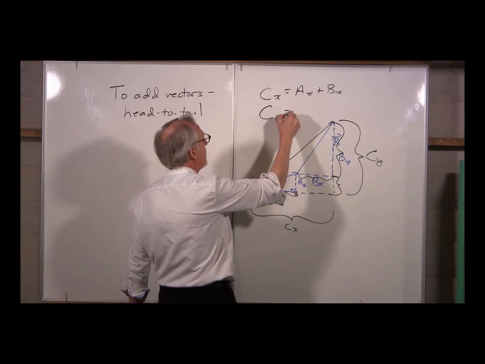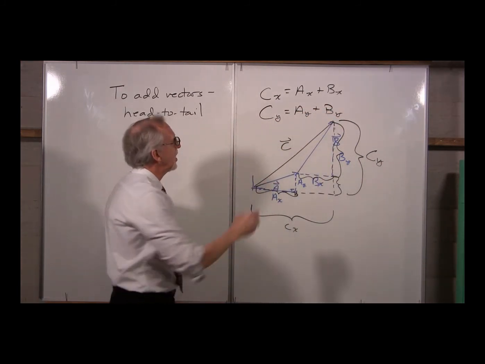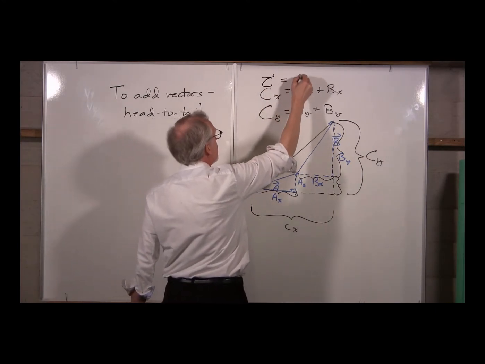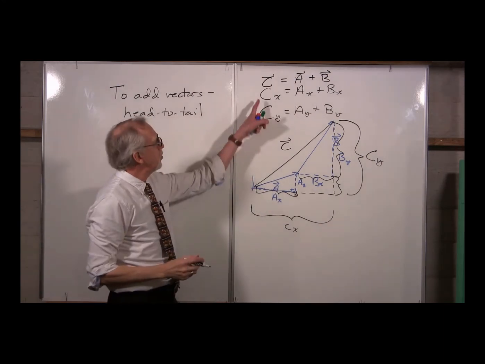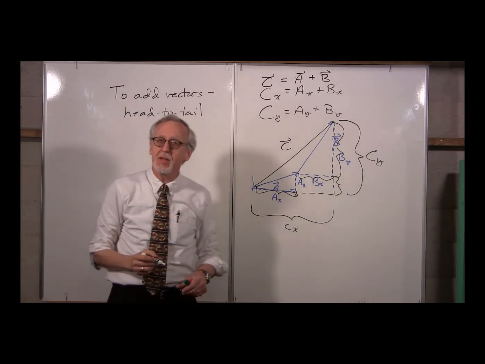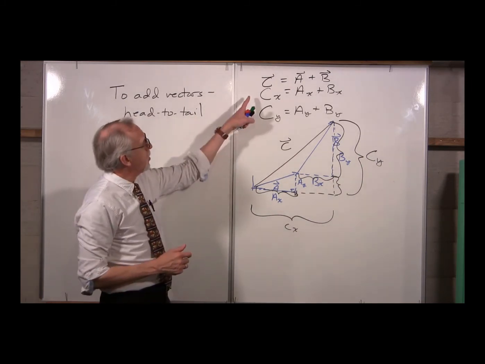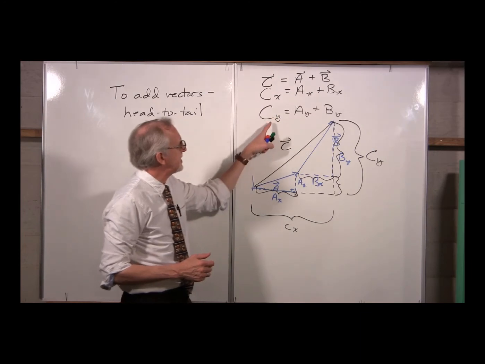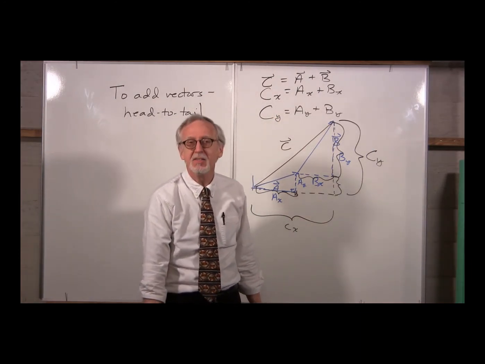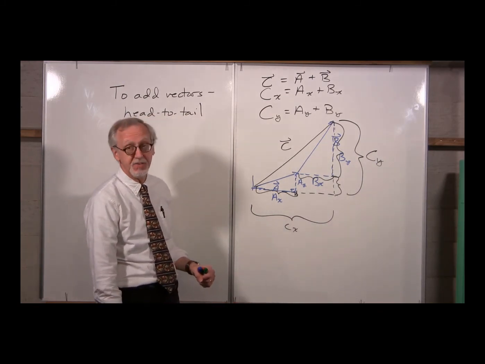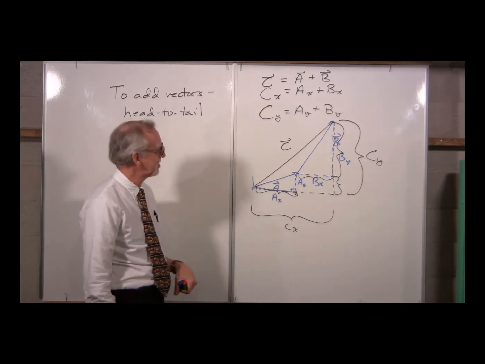So if we have that vector C equals vector A plus vector B, then we have the same relationship between the components. If C equals A plus B, then we know Cx equals Ax plus Bx, and Cy equals Ay plus By. And the same would be true in the z direction as well. Cz would equal Az plus Bz. Typically, we'll just worry about two directions. Two dimensions will be hard enough for us.